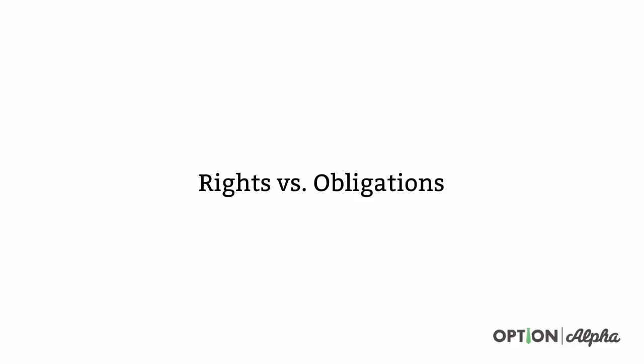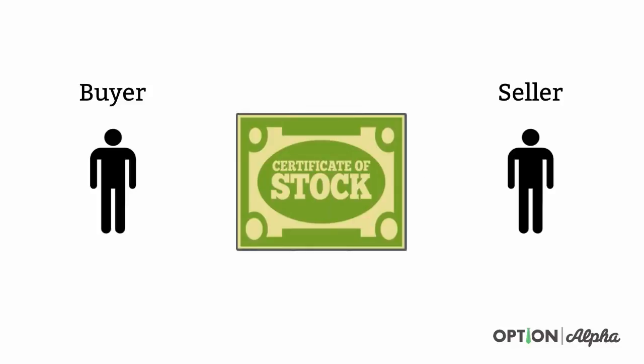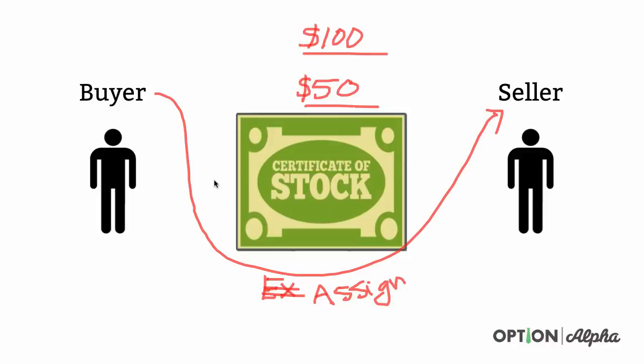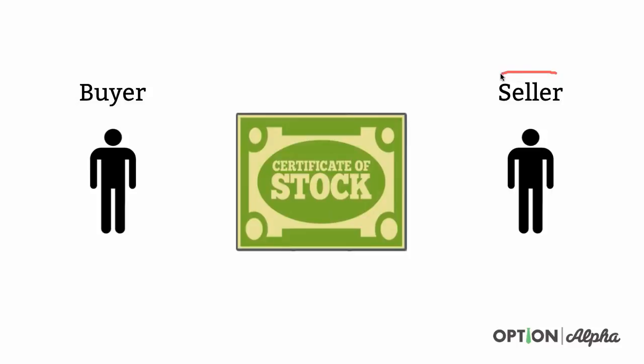Now, rights and obligations. Rights and obligations are a little bit confusing initially because you don't really know what's happening. But if you break it down and think through the process, remember that if you enter into an agreement with the option buyer and you're an option seller, you have basically given up your right to the stock for anything above $50, okay?